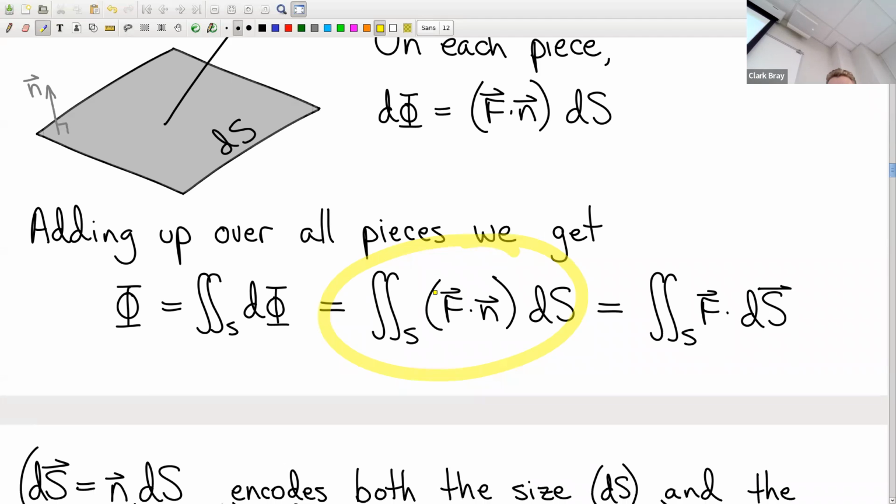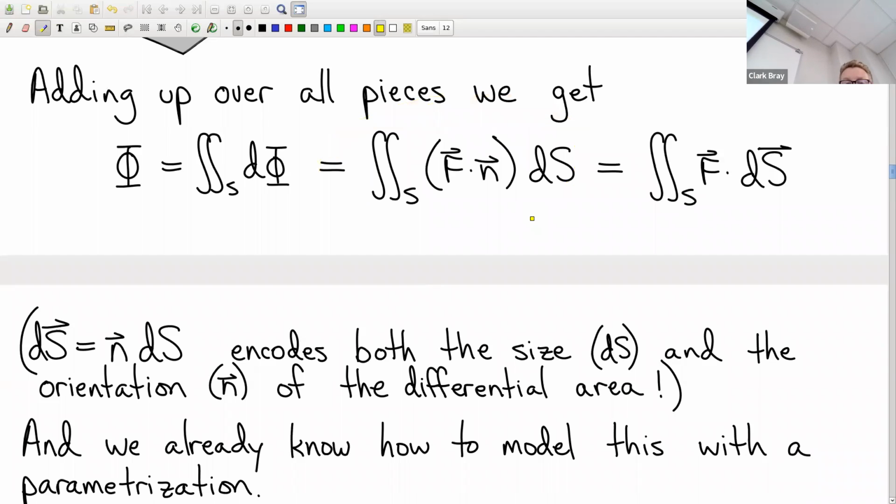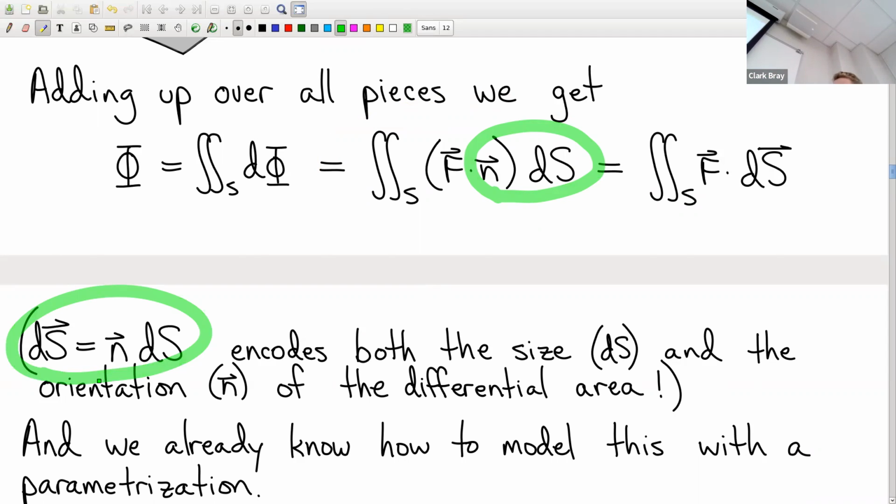Now I am going to pull a little move here. This is kind of like something we did back with vector line integrals. Specifically, I see the n and the dS together here. I'm going to call that the dS vector, because conveniently, this n is telling me about the orientation of my piece of surface. The dS is telling me about the size of the piece of surface. Together, by a direction and a magnitude, these two factors are telling me everything I need to know about my piece of surface itself.